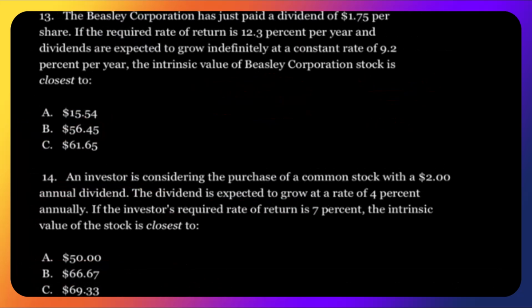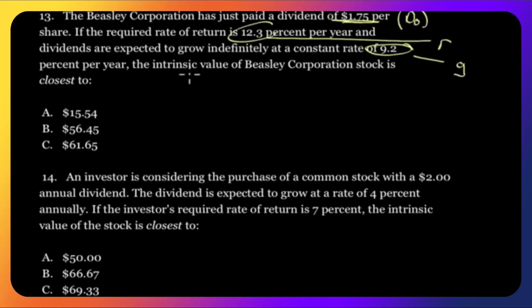13. The Beasley Corporation has just paid a dividend of $1.75 per share. That's D naught. If the required rate of return is 12.3%, there's my R, and dividends are expected to grow indefinitely at a constant rate of 9.2 percent per year, there's my G, the intrinsic value of Beasley Corporation stock is closest to. So V naught equals D1 over R minus G. What's my dividend one period out?